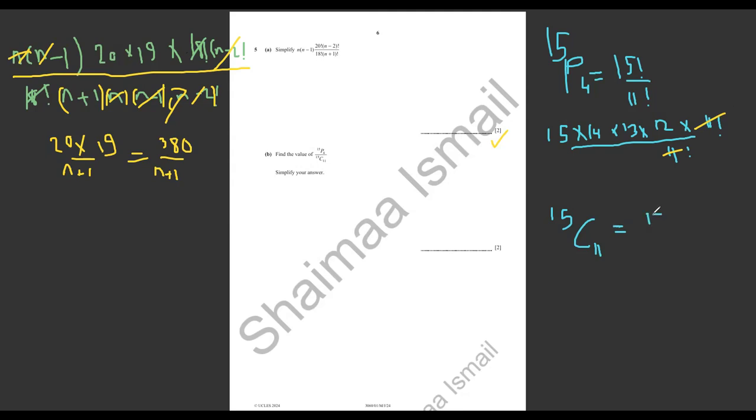Which equals 15 factorial divided by 11 factorial multiplied by 4 factorial.